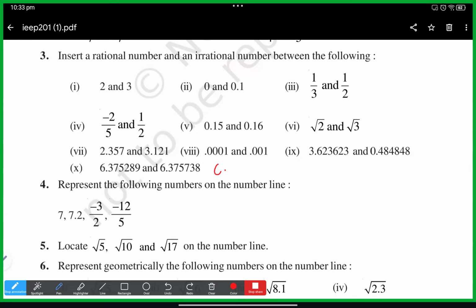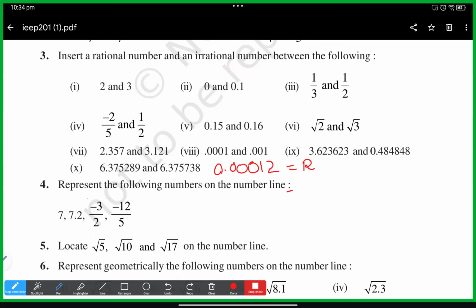So it will become 0.00012. Shall I write 2, Pranavi? Yes, sir. So this is rational. Any doubt, Pranavi? No, sir. Because this is after 0.0001 and before this. Yes, sir, I got it.